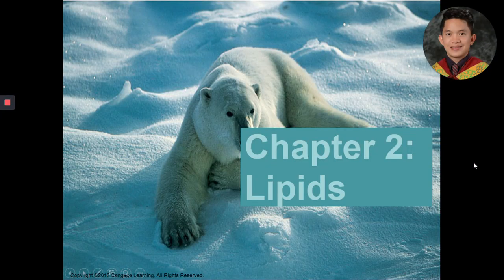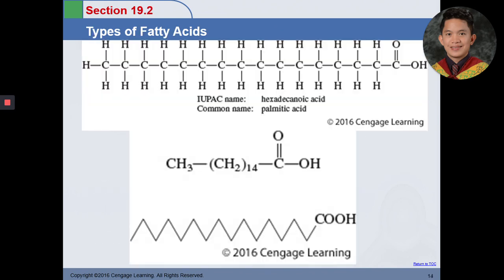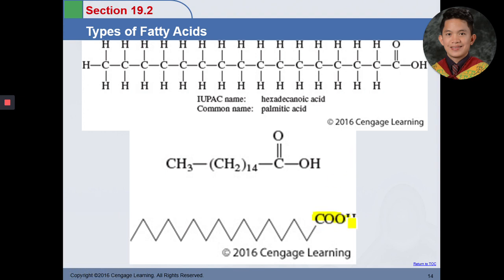So if we take a look right here, it is said in the definition that fatty acids are monocarboxylic acids. So this part right here, this one, this COOH at the right end part of our chain is the carboxylic acid group contained in your fatty acids.